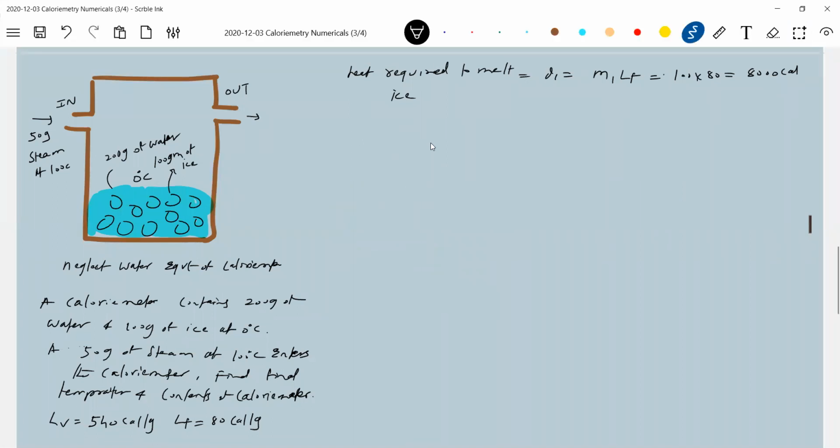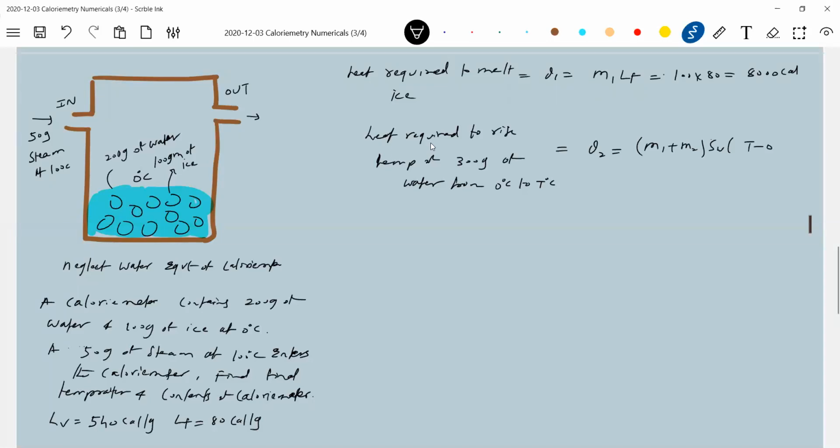Okay, now the heat required to raise the temperature of 300 grams of water from 0 degrees Celsius to T degrees Celsius, I'll call this Q2. And this should be (M1 plus M2) times specific heat times (T minus 0).